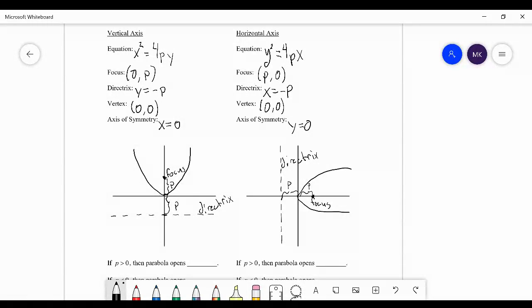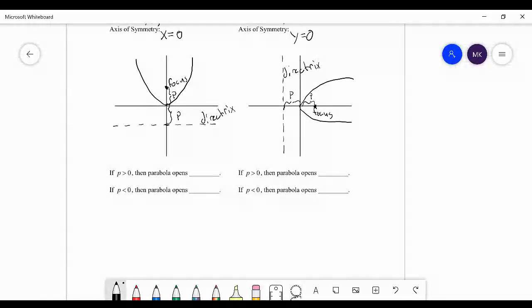Since x is being squared, it is going to have a vertical axis of symmetry. And in our other one, since y is being squared and y's are graphed on the vertical axis, that tells me this is a horizontal axis parabola.